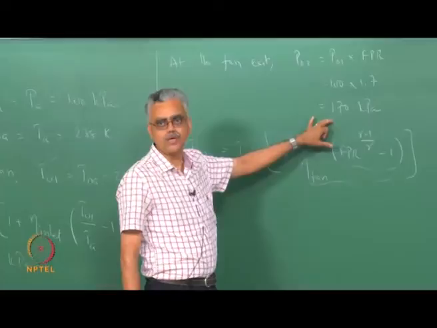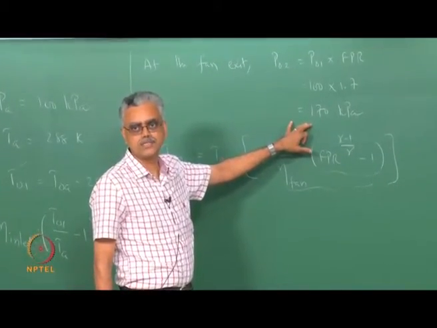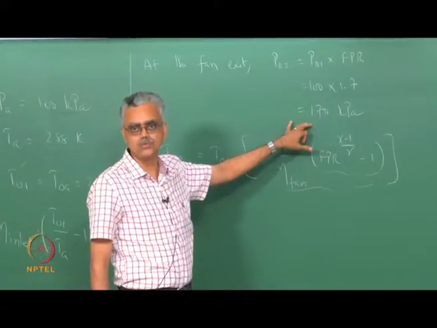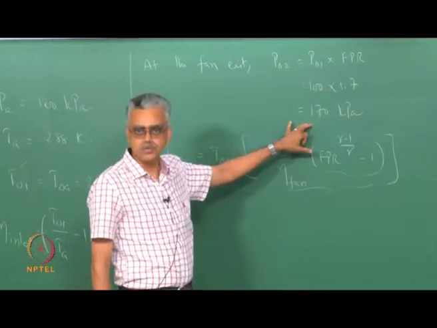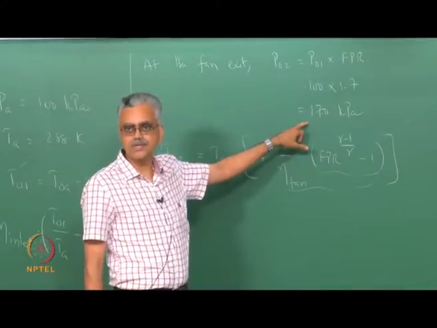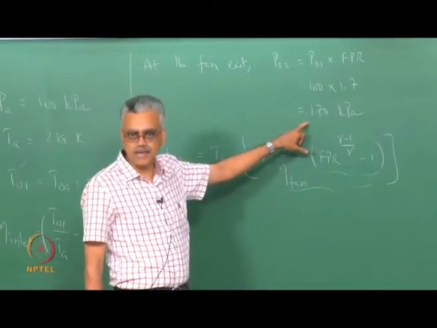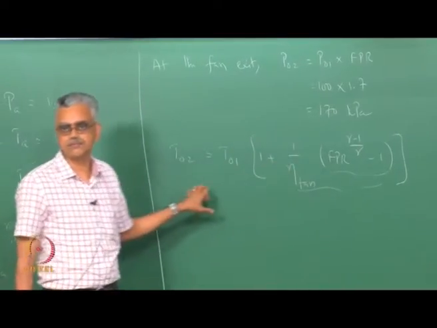Once I know P02S, I can calculate T02S. States 02S and 02 are on the same isentrope. Once I know T02S, I can use the definition of the isentropic efficiency of the fan to calculate my T02, and that is what I have done here.